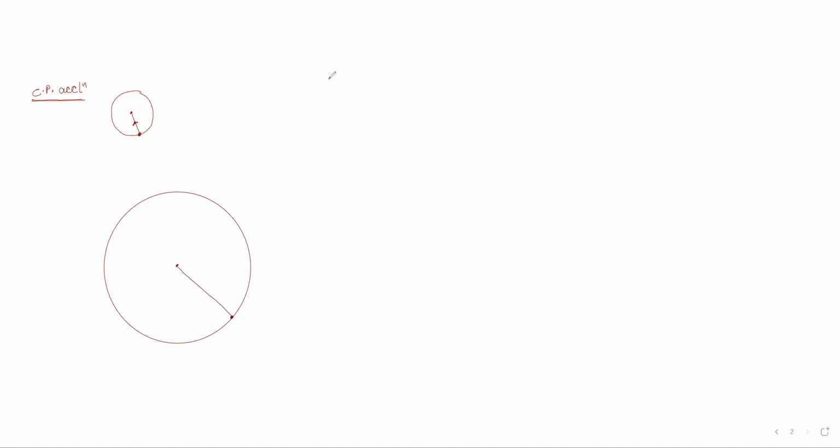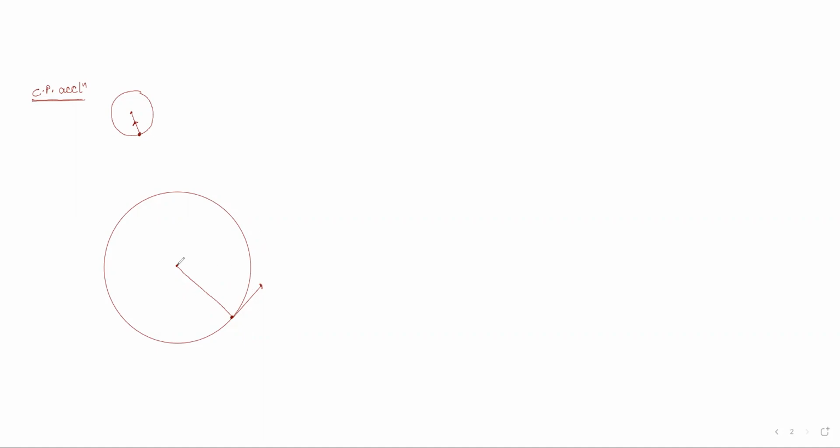Now we know that to have this circular motion, we definitely need velocity of this particle tangential at this position. So this must be the velocity of the particle, and this is true for every location.